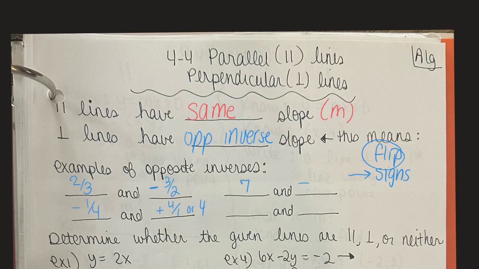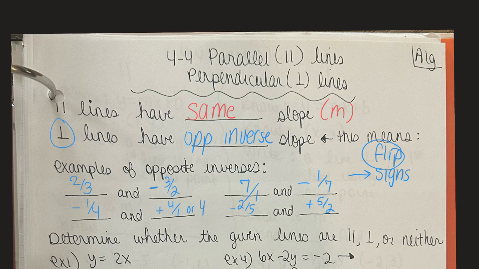The inverse is 1/7, because this technically had a denominator of 1, it was technically 7/1. So now the inverse is 1/7. Okay, if I had negative 2/5, the opposite would be positive. The inverse would be 5/2.